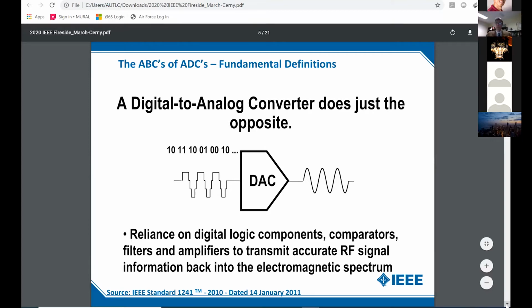And of course, you'll do things such as filter the information that you want specifically, and obviously amplify so that you can essentially either input that signal to turn it into very discrete but usable data, or to basically transmit it back out so that the message that you want to send into the electromagnetic spectrum is also accurately transmitted. Okay?